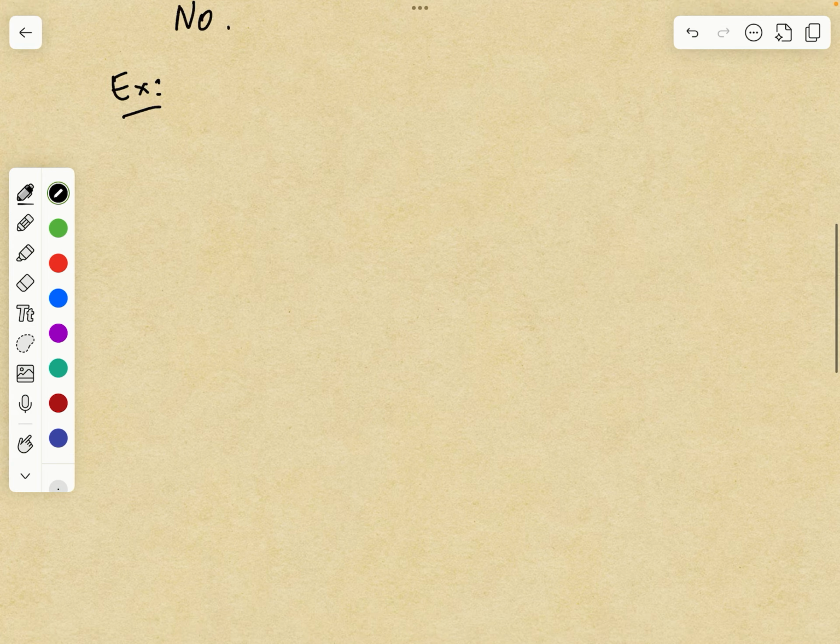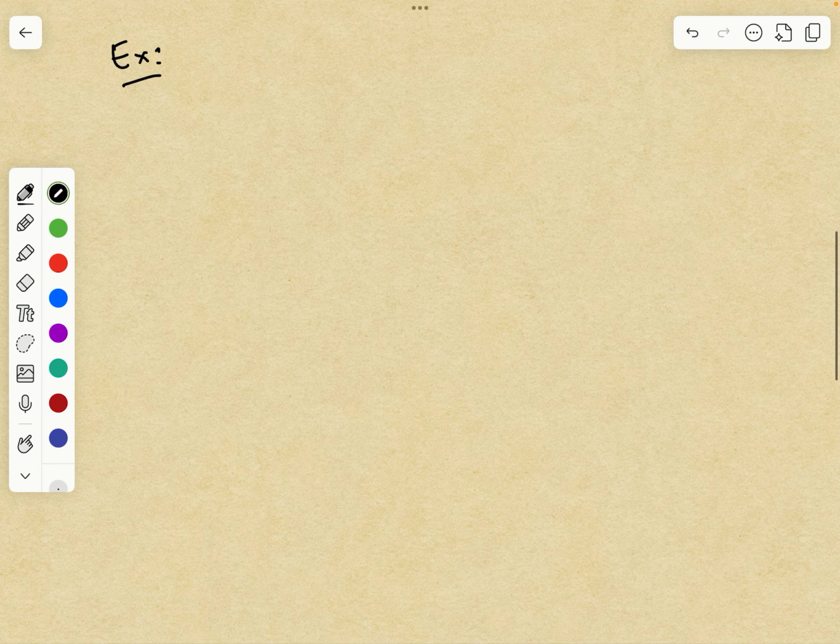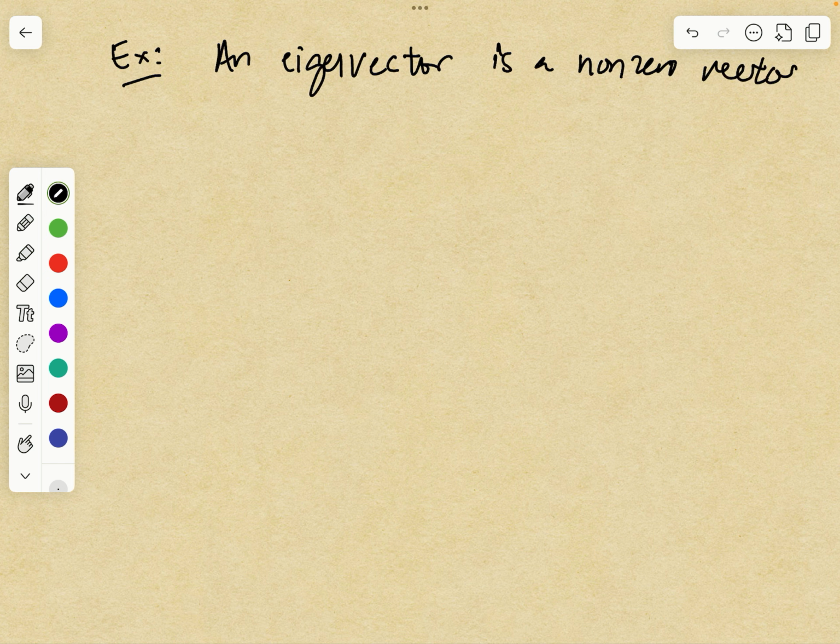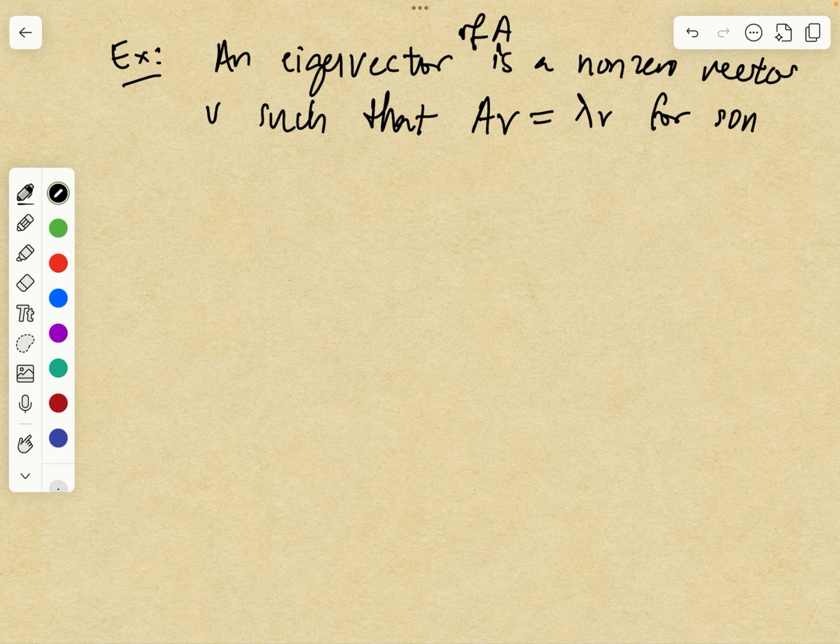So for instance, an eigenvector, as we'll see, is a non-zero vector v such that, for a matrix A, A times v is lambda v for some scalar lambda.